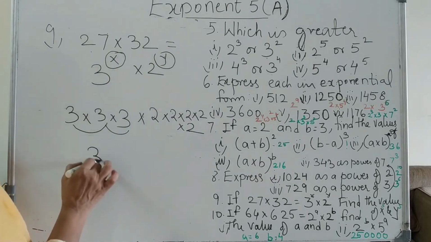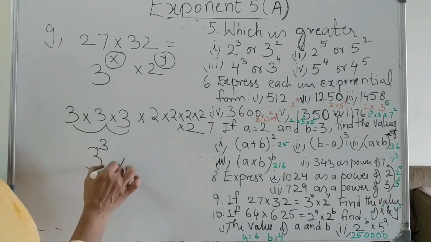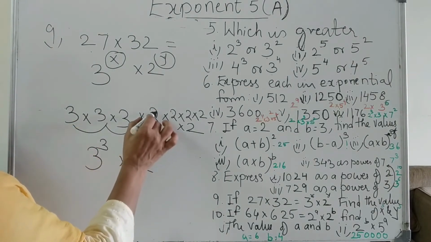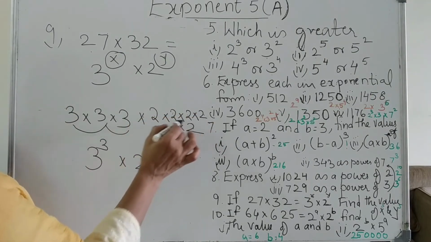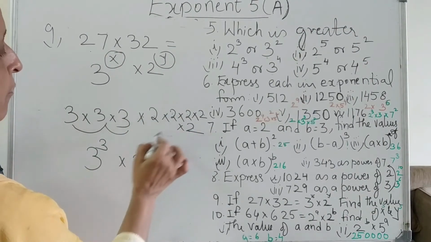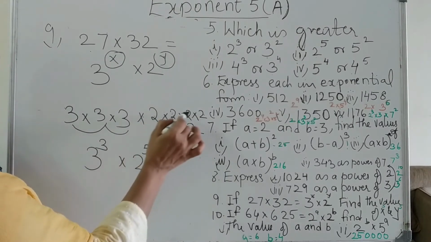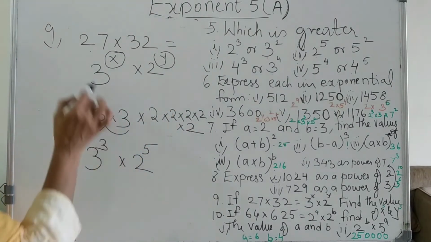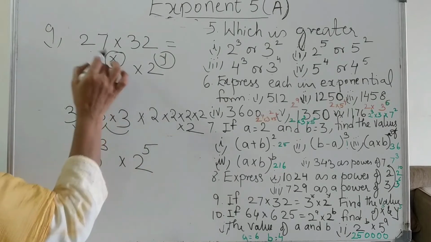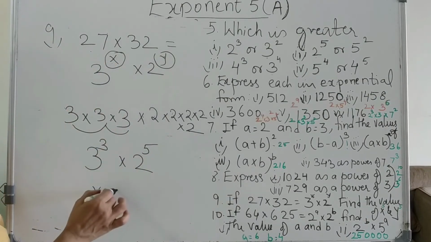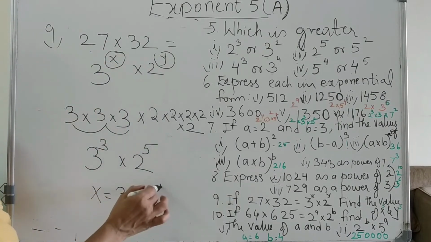So here it is 3 raised to 3 into 2 raised to 5 times: 1, 2, 3, 4, 5. So here you get x is equal to 3 and y is equal to 5.